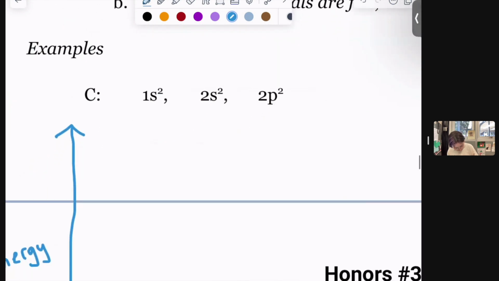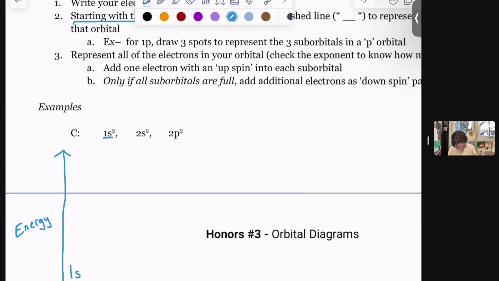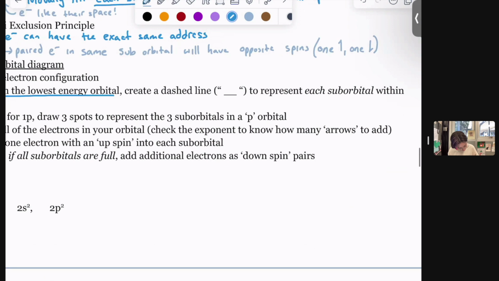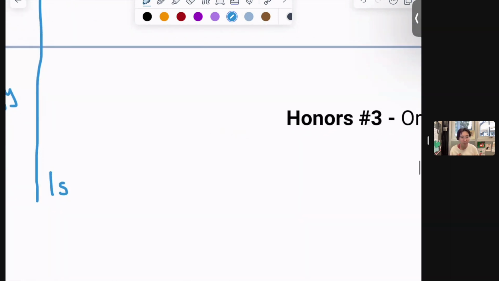So starting with my 1s, and I'm going to label it. So 1s. And then I make a line, a space, to represent each suborbital. So you might remember from our notes earlier, if it is an s orbital, by definition, it has one suborbital. There's only one space. So when we say draw the suborbitals, this is what I mean.